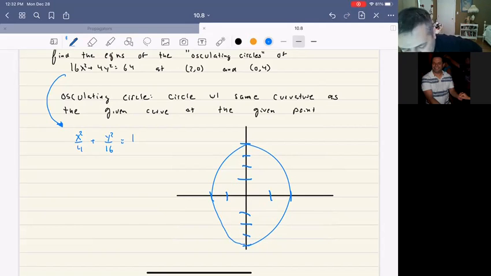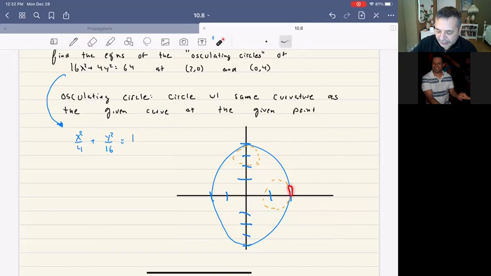Okay, not a great ellipse, but it'll do. And we're going to have some circle, maybe here, and another circle here. The idea is that if you want to know what's going on right at this point or this point, you can do everything that depends on curvature by comparing it with the circle. Okay? All right, so let's start.